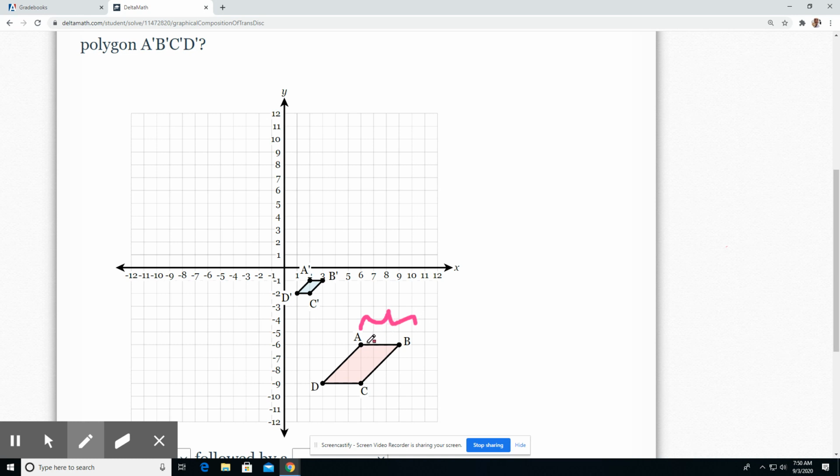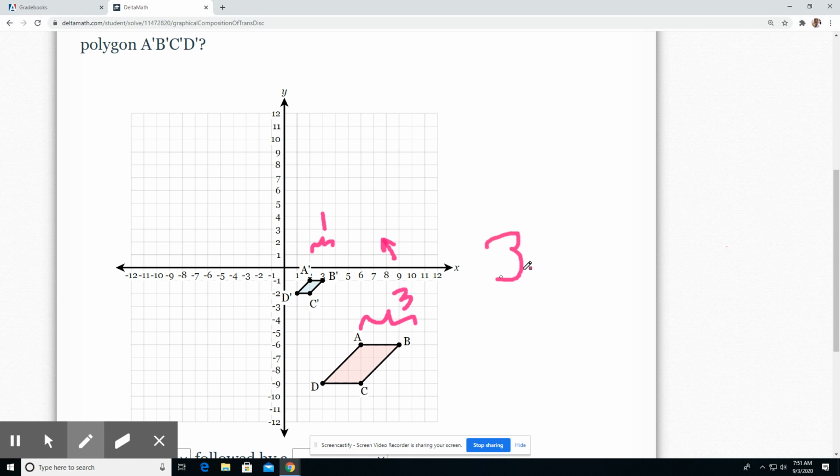turns into, let's see, it goes from 6 to 9. So that distance is 3. The new distance here on this tiny one is from 2 to 3. So that turns into a 1. So what sort of dilation or scale factor changes 3 into 1?